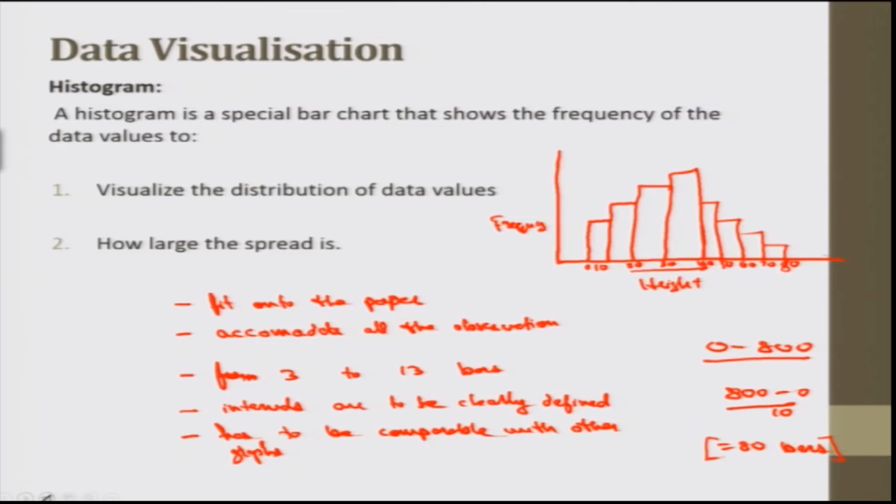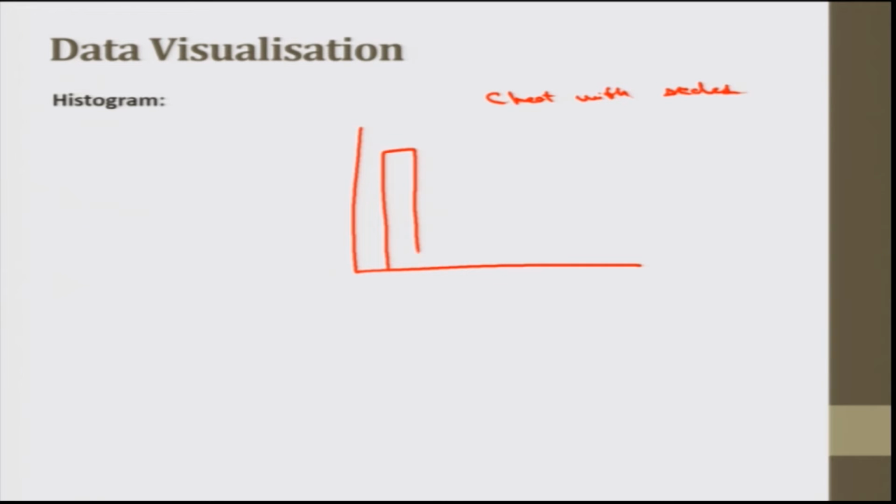Now, an interesting thing I would like to discuss here is that with a histogram or a bar chart, we can cheat with scales. For instance, let me say I need to represent height from 0 to 150 centimeters.